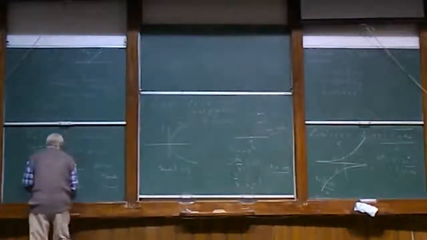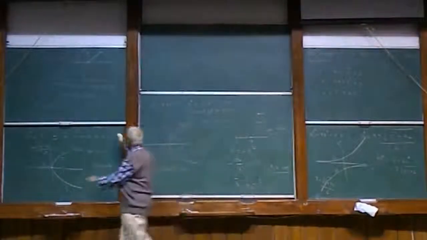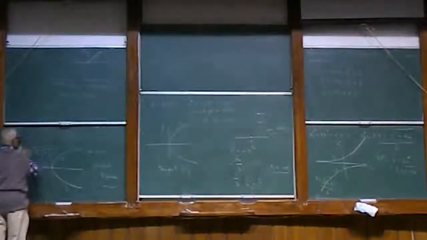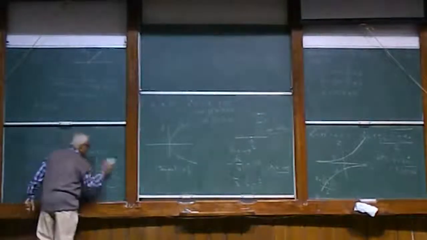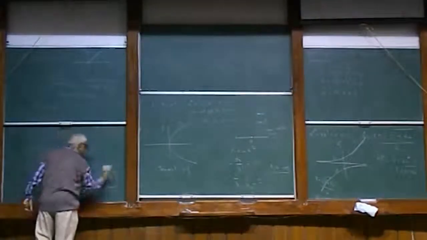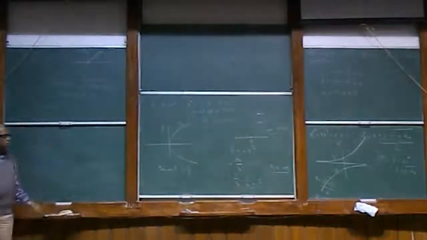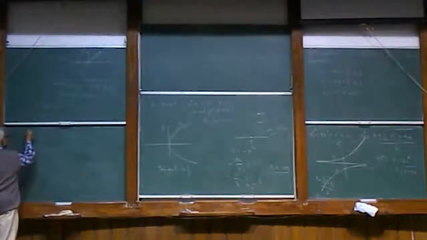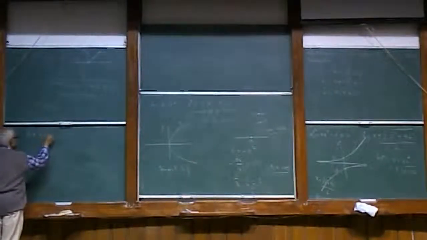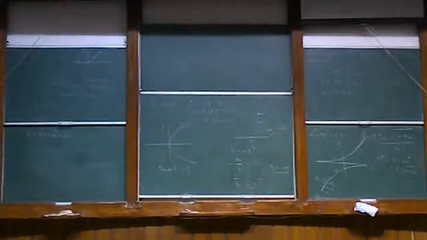All right, so the next is the pitchfork. The pitchfork is more interesting, also because this equation is actually of physical interest. It's x dot equal to Rx minus x cubed plus epsilon.